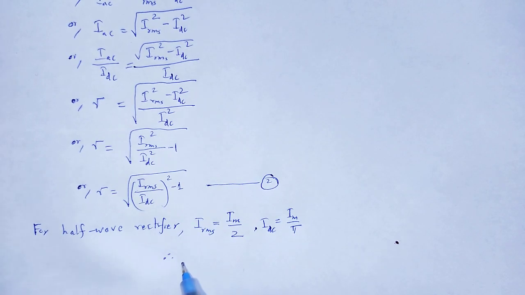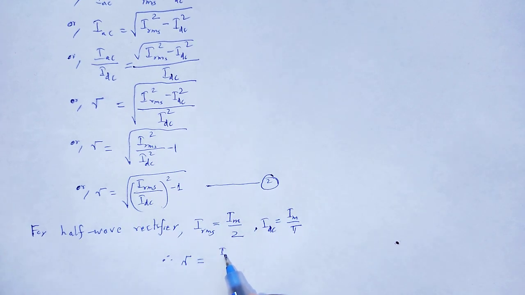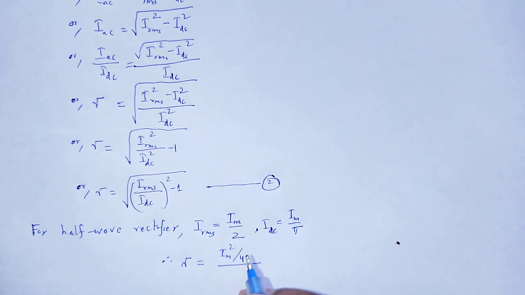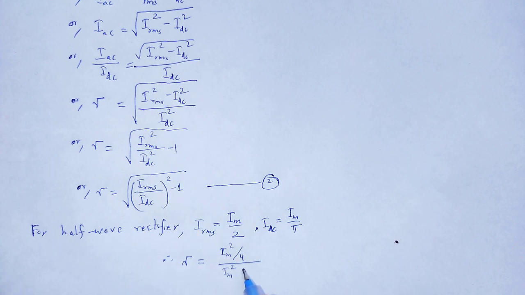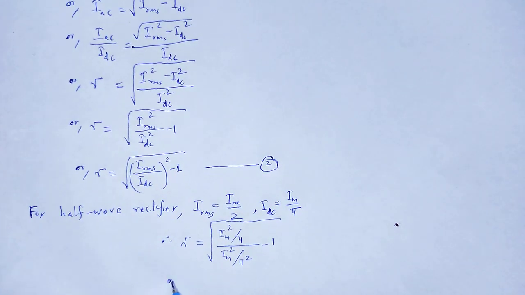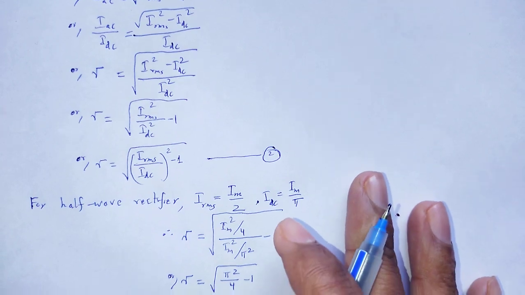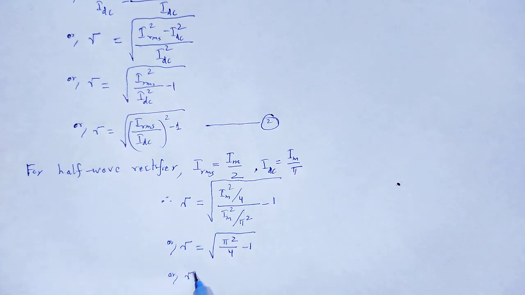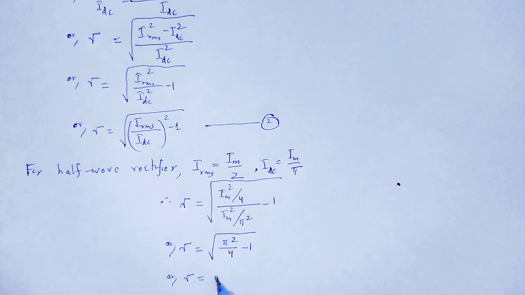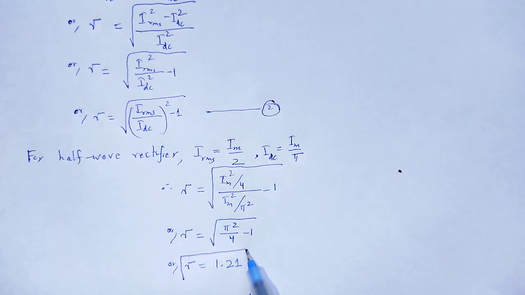Therefore, ripple factor gamma is equal to the square root of I M square divided by 4, whole divided by I M square divided by pi square, minus 1, or gamma is equal to the square root of pi square divided by 4 minus 1, which is 1.21. Here gamma is 1.21.